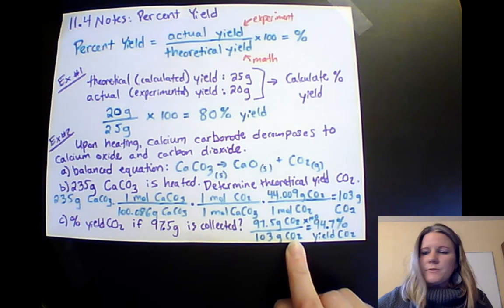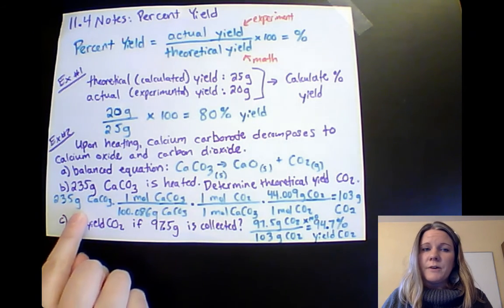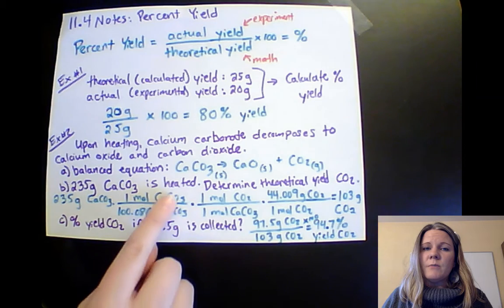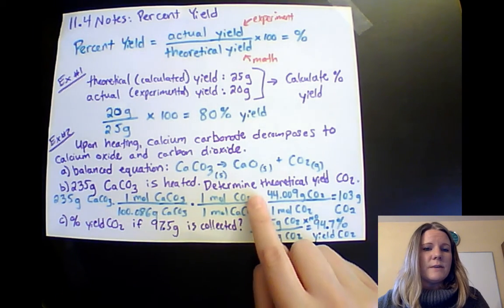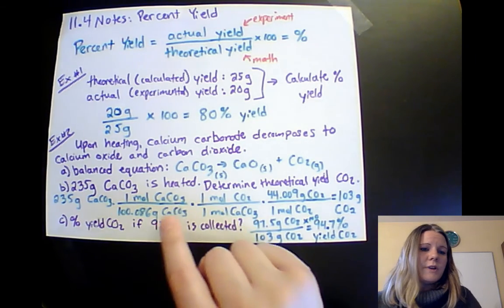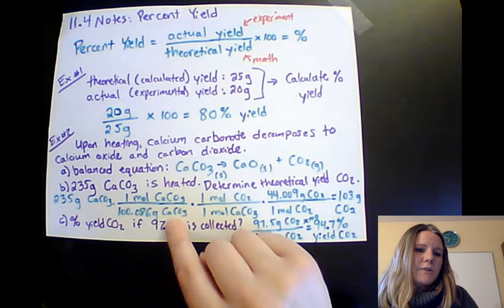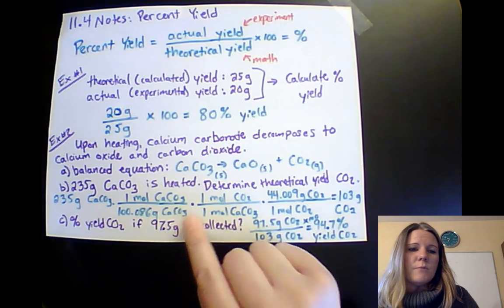A couple other things when you do your stoichiometry. As always, I expect proper form here. Grams on top, grams on the bottom. Make sure you put your molecule or formula unit name, and make sure that as you're going along in stoichiometry, we either change the unit or we change the molecule name. But we never change both.